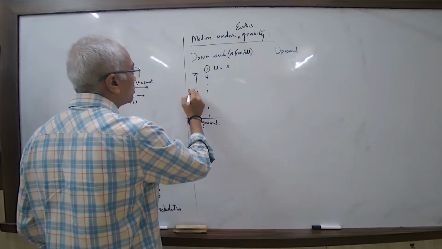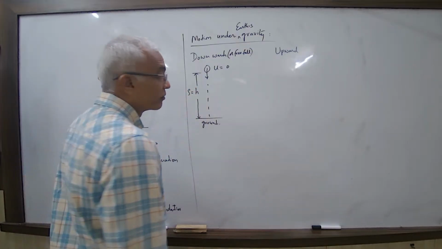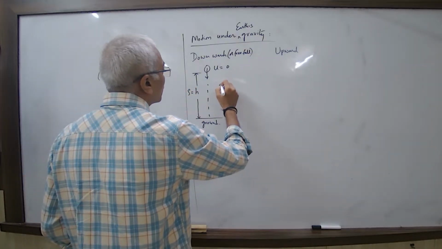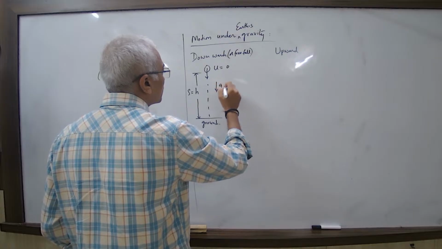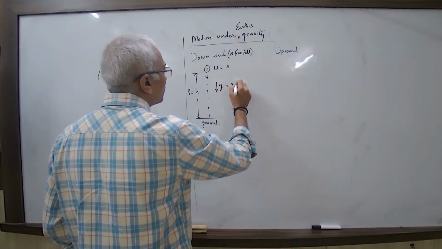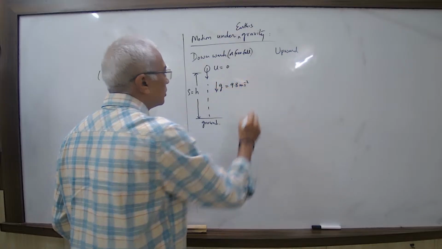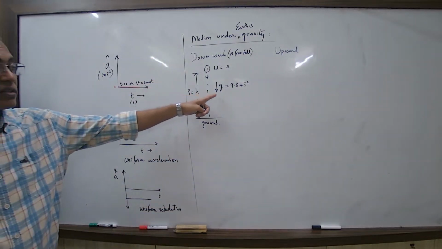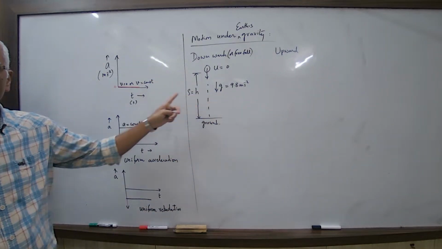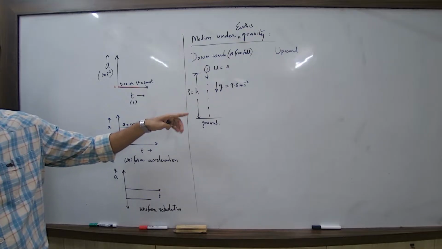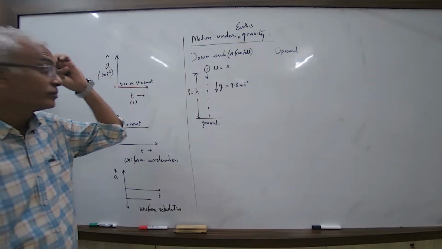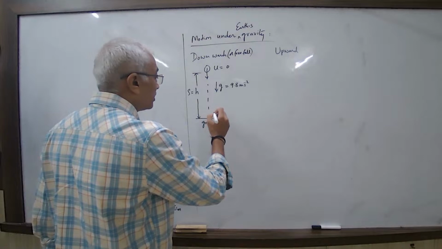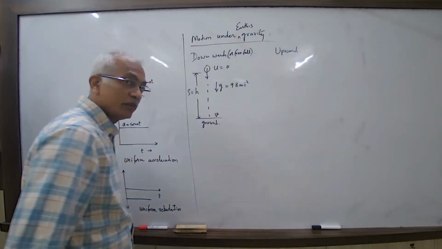So S becomes equal to H. Then it will fall with g, which is 9.8 meter per second square. Always whenever object falls under Earth's gravity, the acceleration a क्या हो जाता है? g, और displacement S क्या हो जाता है? H. बस ये दो चीजें। And here when it hits the ground, it will hit it with velocity v.